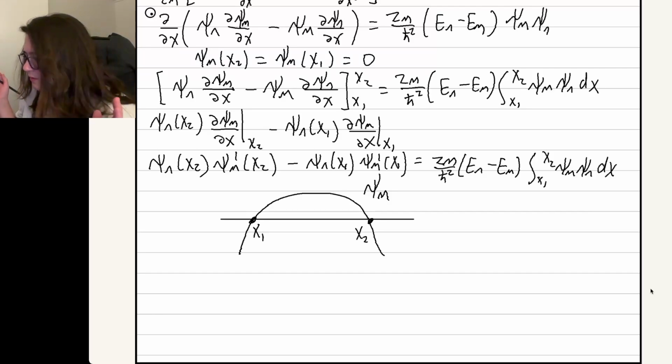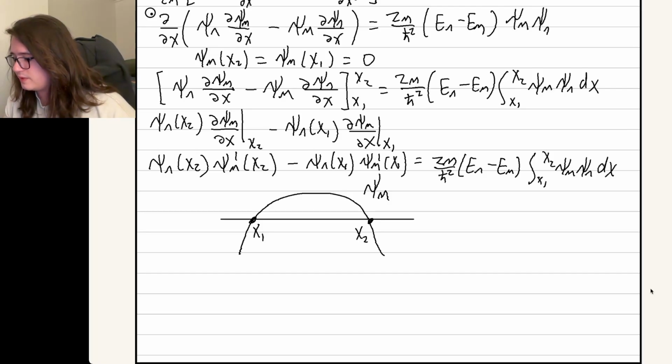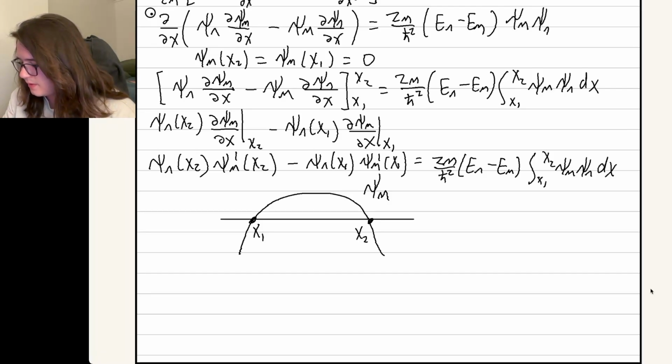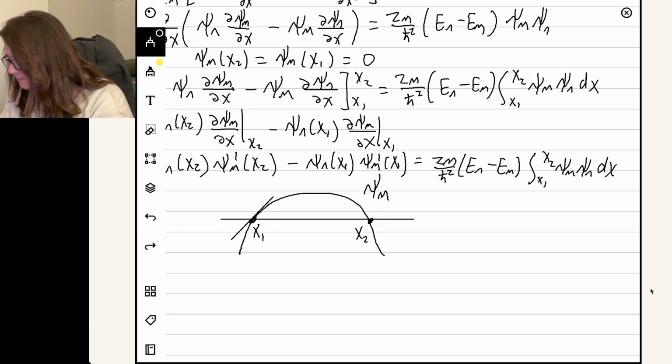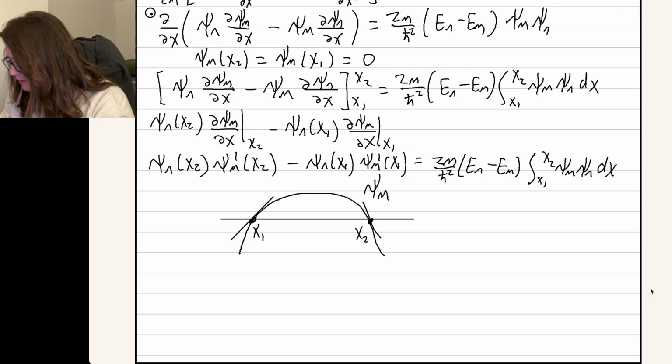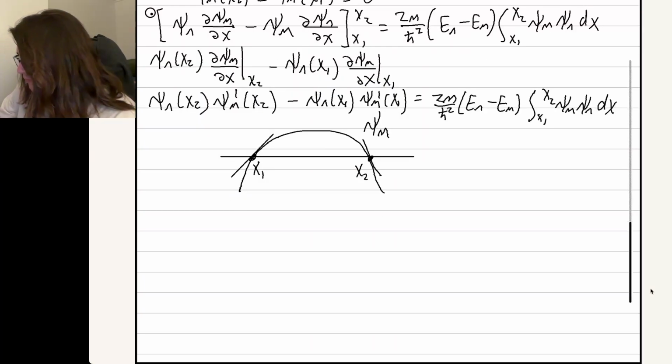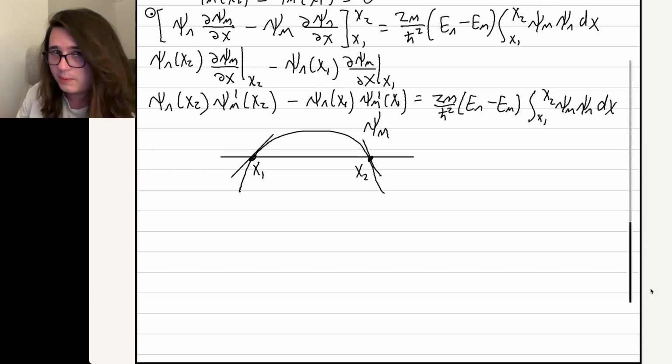This is just a cartoon, but it illustrates the fact that while psi m is crossing the x-axis at x1, it has a positive slope, and while it's crossing at x2, it has a negative slope, right? The values of the slopes don't matter that much to us. We do care for the fact that they have opposing signs.